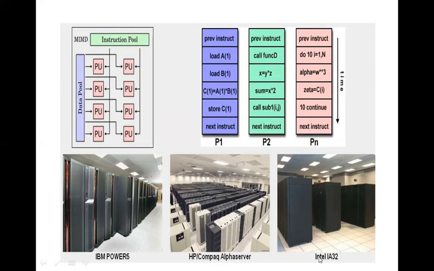So in Flynn's taxonomy, according to the two streams, that is data and instructions, there are only two possibilities, either single or multiple. From that combination we found 4 combinations.